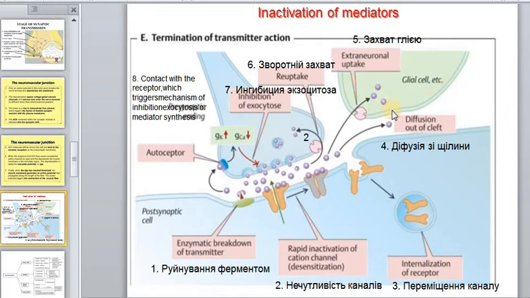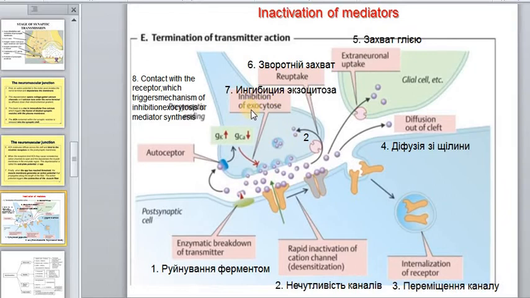You know that we have a lot of glial cells in the nervous system, and the neurotransmitter molecule can undergo extraneuronal uptake by glial cells. Reuptake is one more way: the molecule moves through a special channel back to the presynaptic part of the synapse.